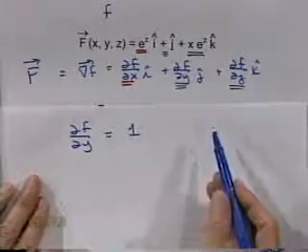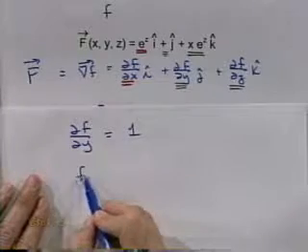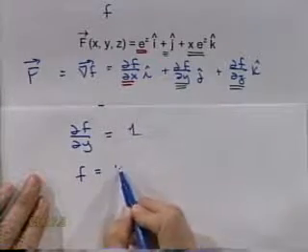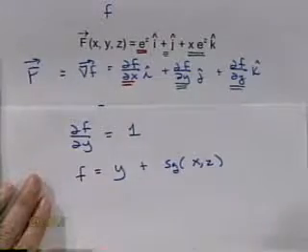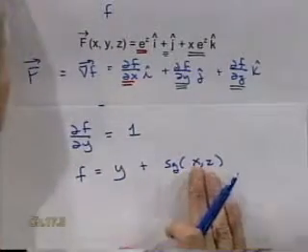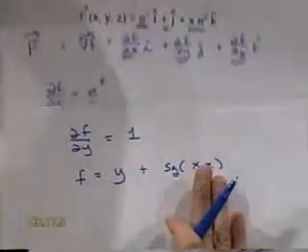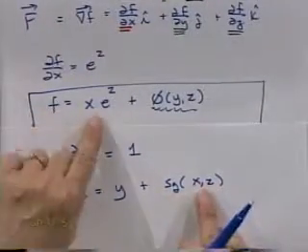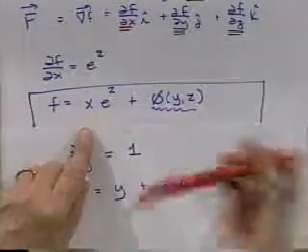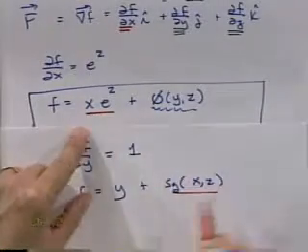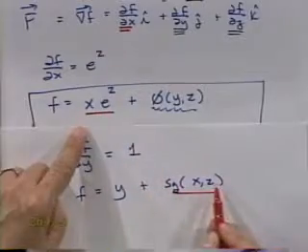If I integrate both sides with respect to y, I'm going to get f equals y plus something with maybe x's and z's in it. Now, you're not going to add something with x's and z's in it. You're just going to look at your first guess, and you say, oh, there's the something with x's and z's. I already got it. There's my something with x's and z's here. So it's okay.